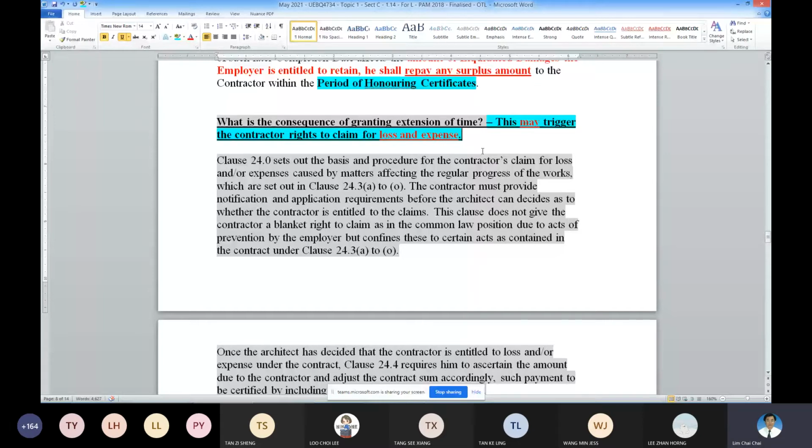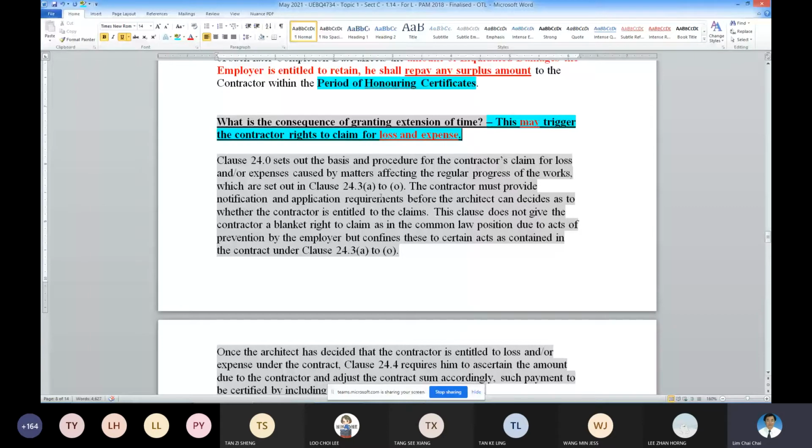Y here, O there. So there are a few events that do not entitle the contractor to claim for loss and expense. So please study them carefully. If you want, you can cut the two of them and paste them next to one another. Then you can compare already, which one is entitled, which one is not entitled. It's quite easy to do.